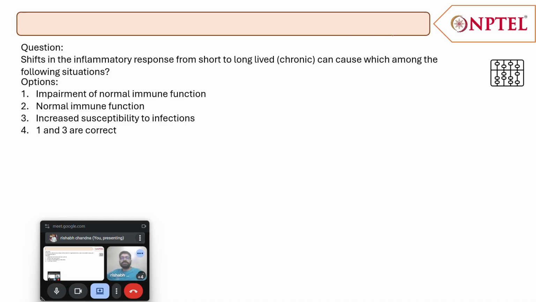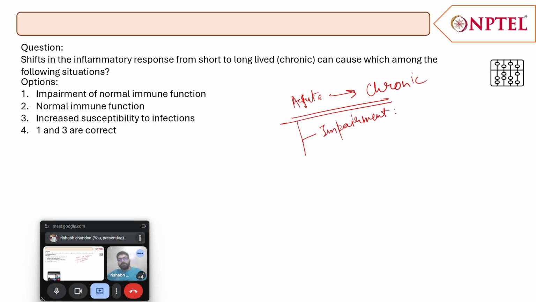Okay, so as we studied before, whenever an inflammation changes from acute to chronic, in that case, what happens is there is impairment in immune function, and there is increased susceptibility to infections.